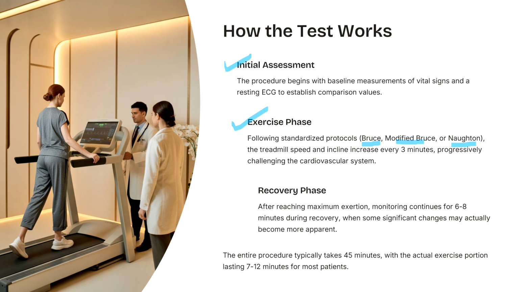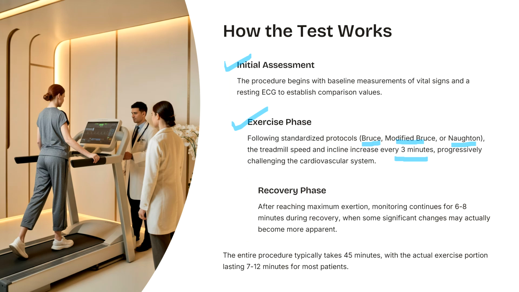The treadmill speed and inclination are increased every 3 minutes. After every 3 minutes, the inclination of the treadmill increases, which gives the feeling of walking or hiking on a mountain, and the speed also increases, giving extra stress on the cardiovascular system.